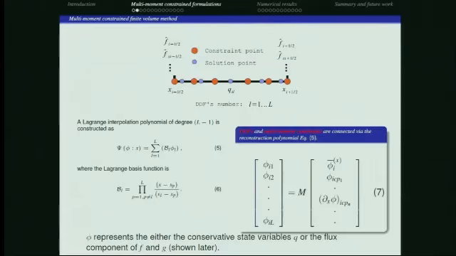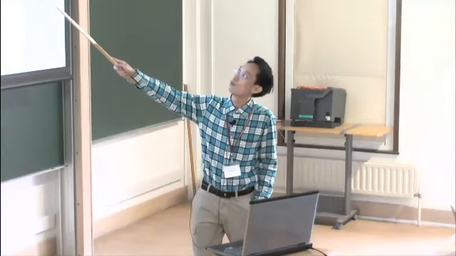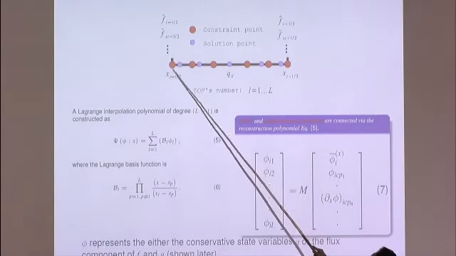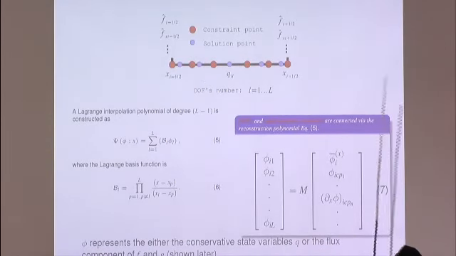So how to do it? Let's look at this cell element. Here we define the solution points, the blue ones, and some constraint points here. So how to connect them?